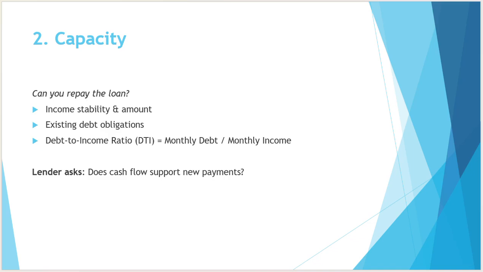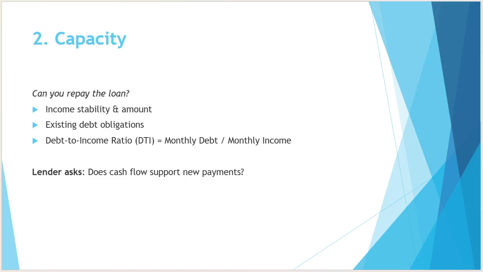We check the balance sheet, or, for an individual employee, how much salary he gets in his account per month, and his existing debt obligations, what current debts he has. On that basis we check the debt to income ratio: how much cost he is bearing and how much income he has.